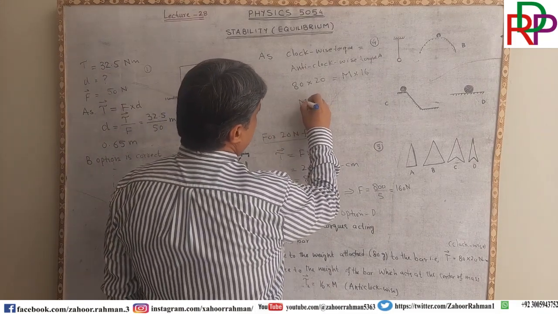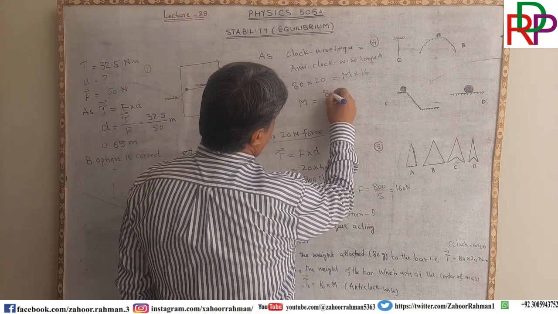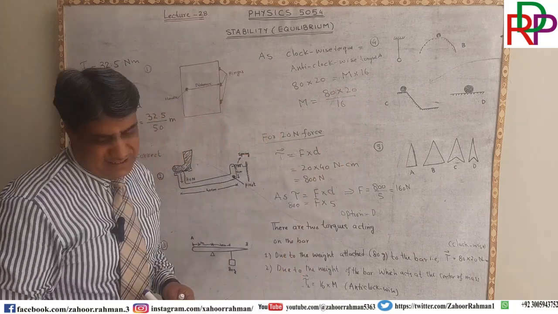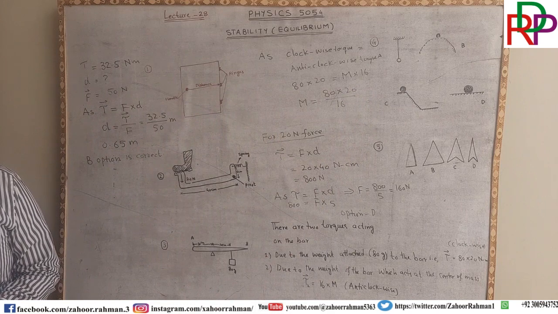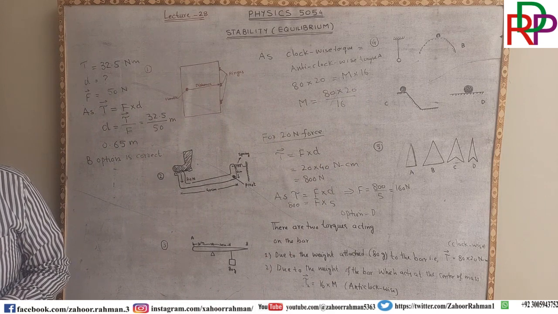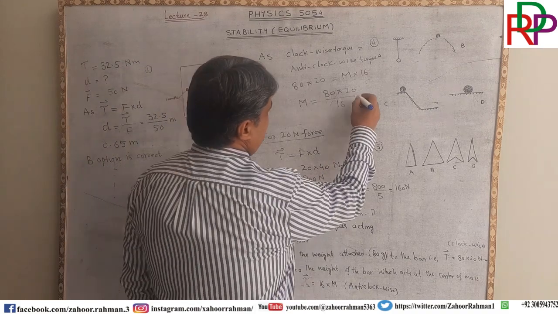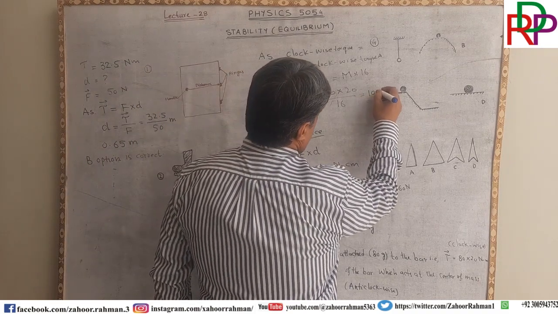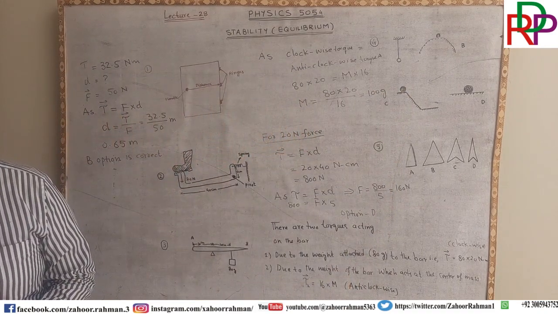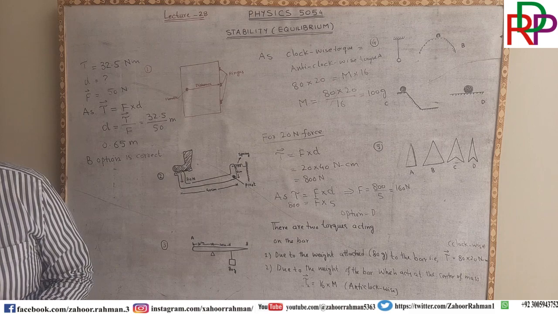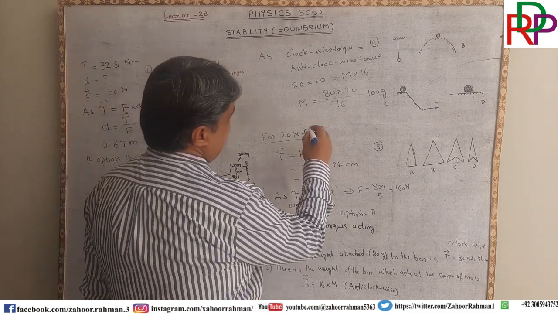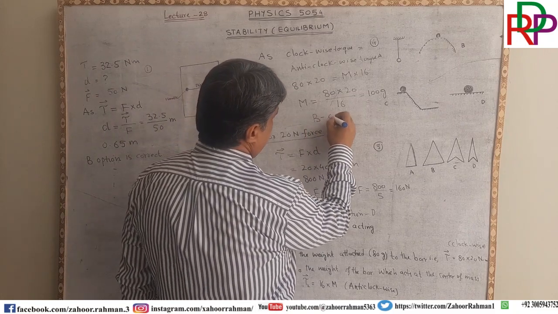So m is equal to 80 multiplied by 20 divided by 16, and when we calculate it comes out to be 100 gram. This is the 100 gram, and 100 gram is given as B option. So it means that B option is the correct one.